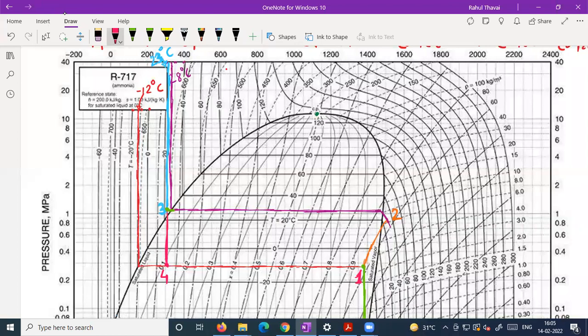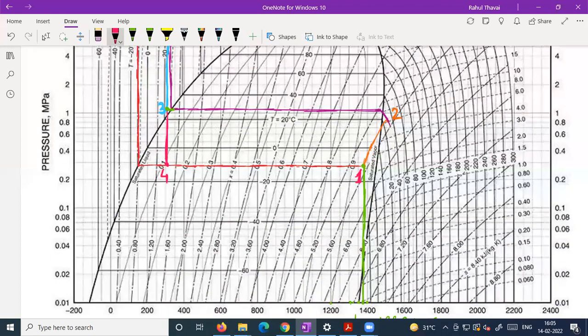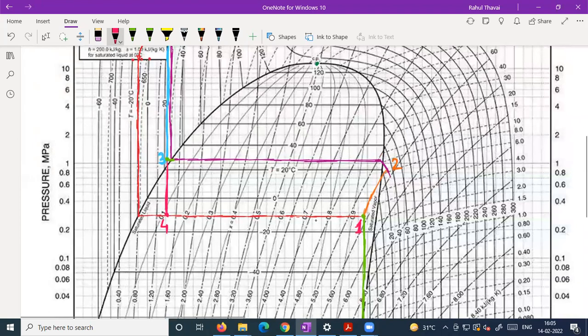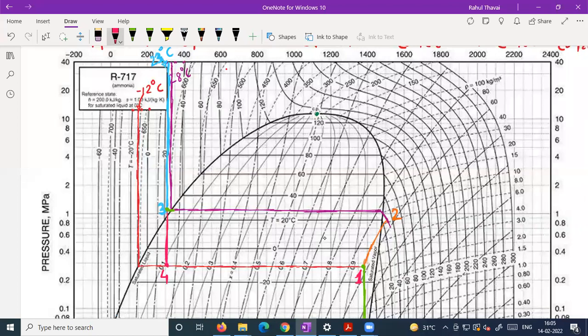See, point number 1, how we got? Point number 1 we got by the intersection of the minus 12 degrees Celsius line and the enthalpy 1380. This is how we got point number 1. Then we have drawn the above temperature line, that is the 28 degrees Celsius line, and it intersects the line drawn from point number 1.